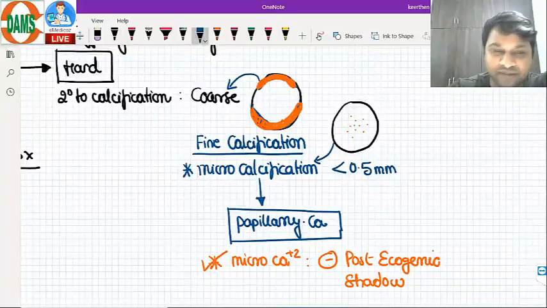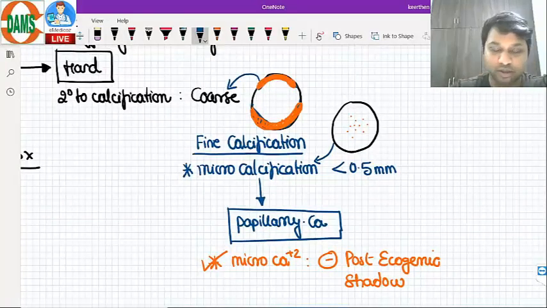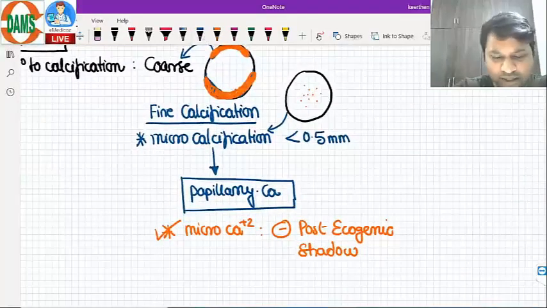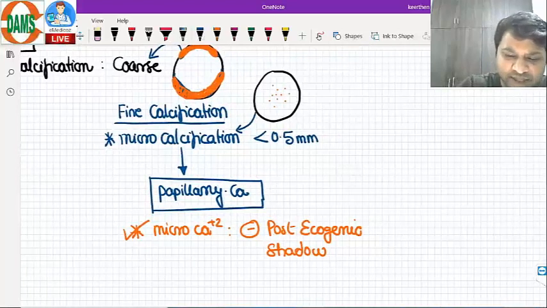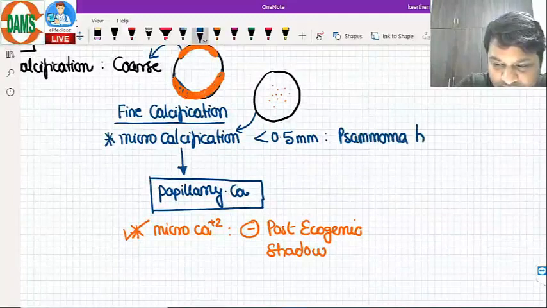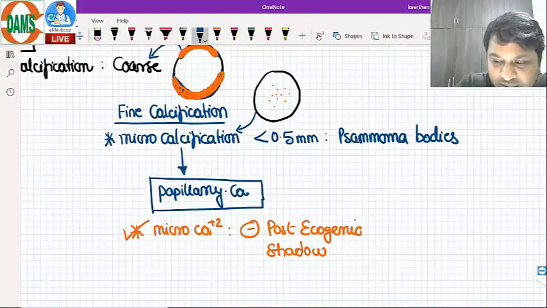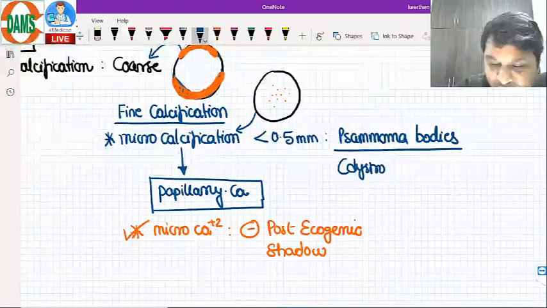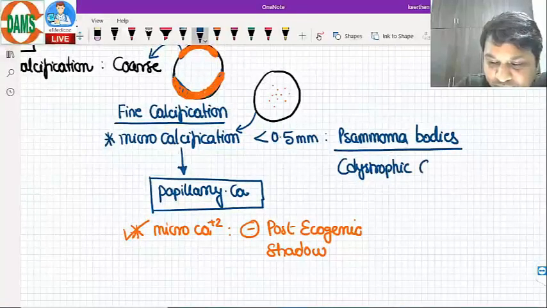Okay, those who are asking for post-echogenic shadows, one second, I'll show you that as well. In papillary cancer, you will have microcalcification. These microcalcifications in papillary cancer are also referred to as Psammoma bodies. We'll discuss them when we talk about cancers. These indicate the presence of dystrophic calcification.